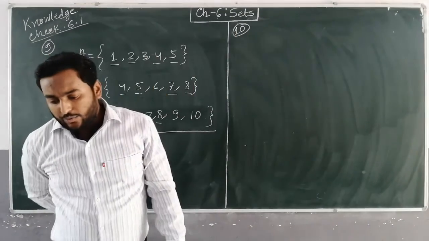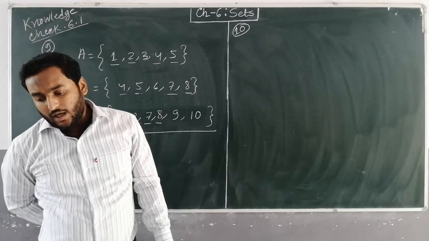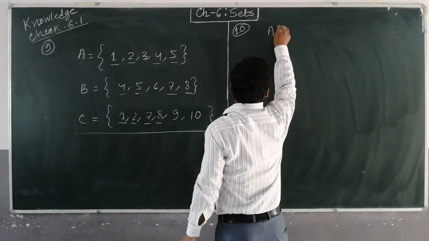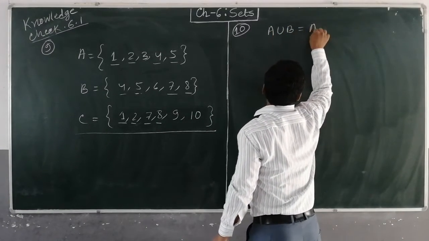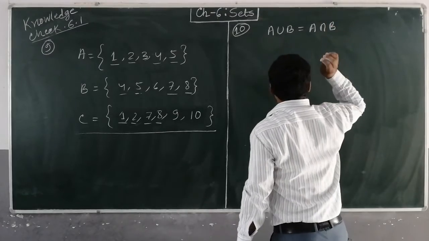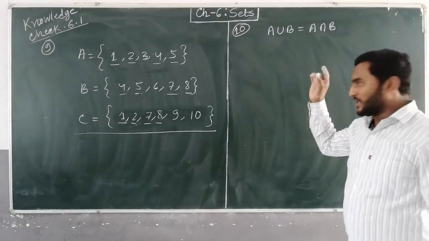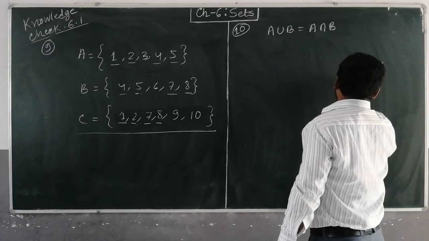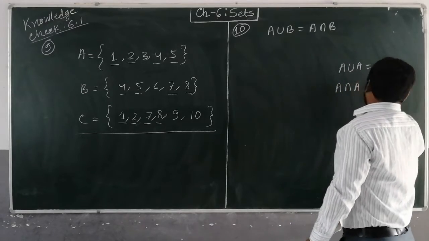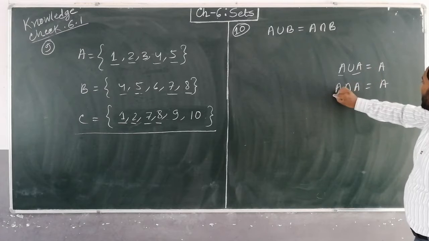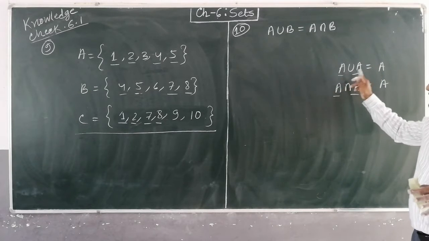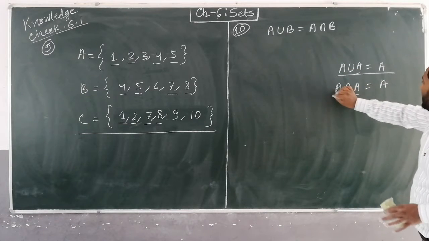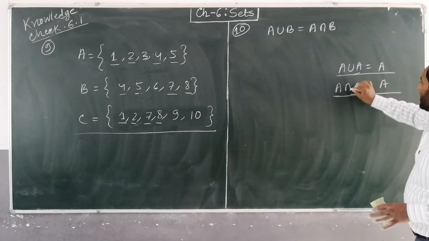It is asked under which condition on A and B, A union B will be equal to A intersection B. We know that A union A equals A, and A intersection A equals A. So if these two sets are the same, or equal, then both will be equal. A union A is A, and A intersection A is A. So union and intersection will be equal.